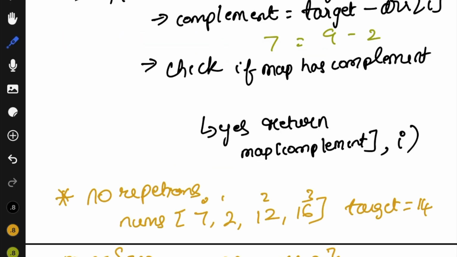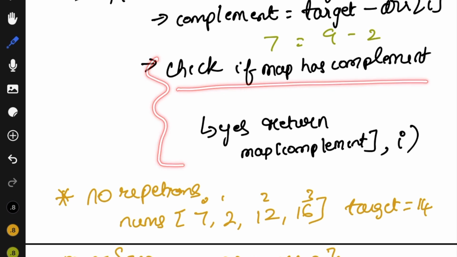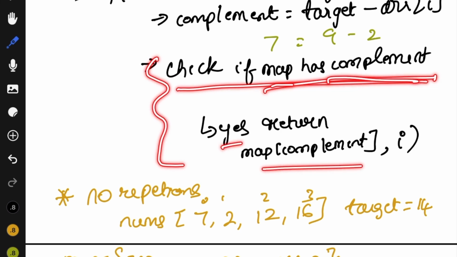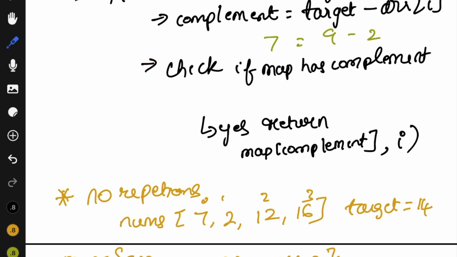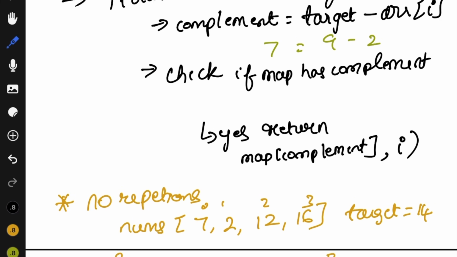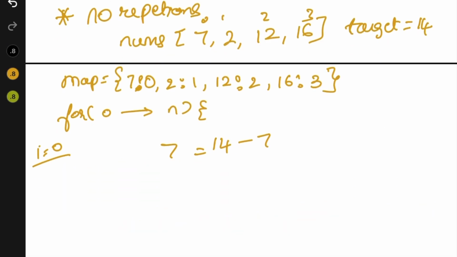Now, according to our algorithm, we have to check if map has complement. As soon as I find the complement in my map, I'm going to return. So, this is my complement. Does my map have my complement? Yes.